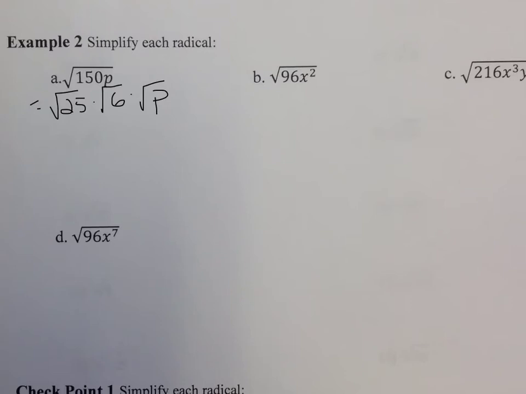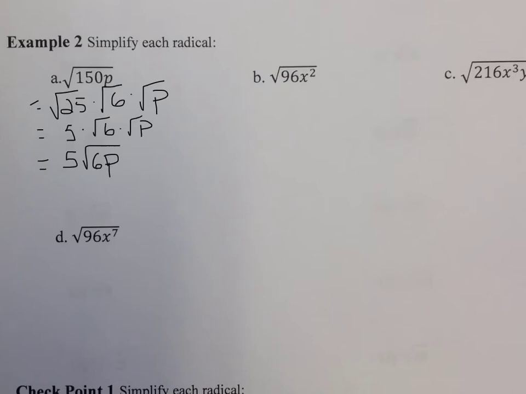And then we're going to take the square root of whatever we can take the square root of, which in this case is 25. So we got 5 times the square root of 6 times the square root of p. And anything that's under a square root after we take the square root of whatever we can stays under the square root. So we get 5 square root of 6, and we'll make it under 1 square root of 6p.